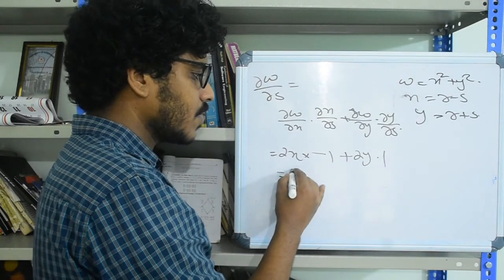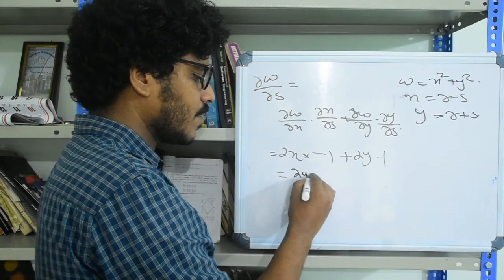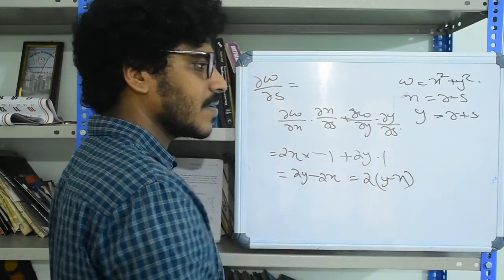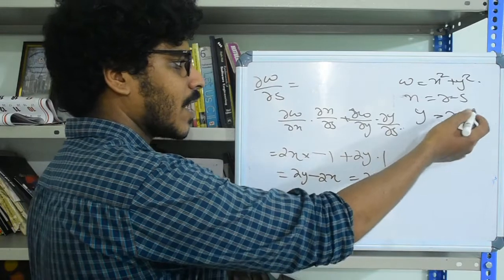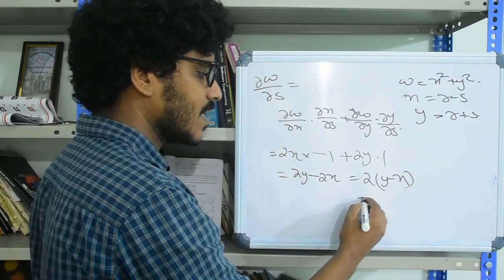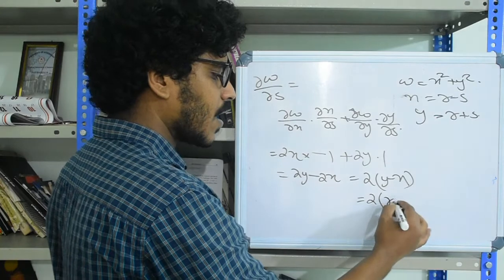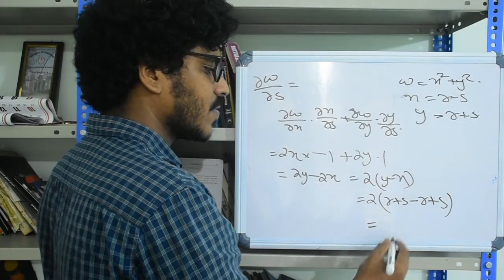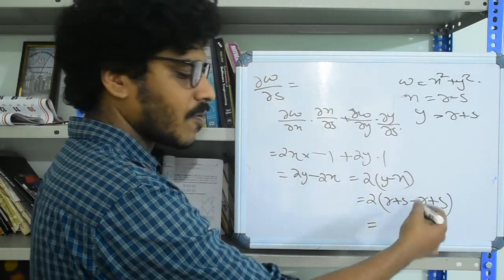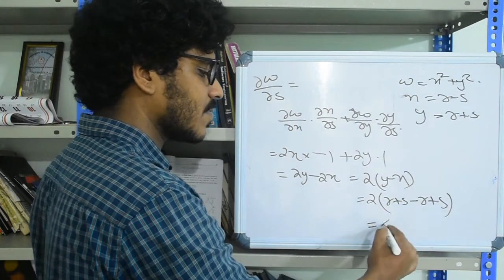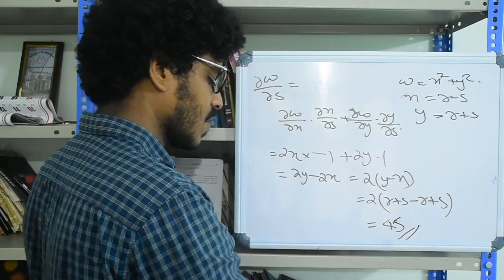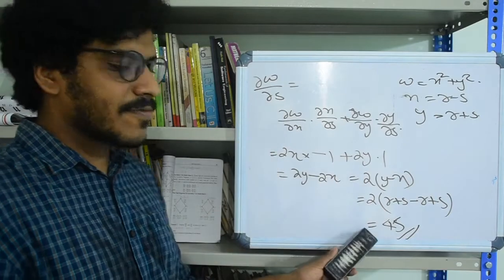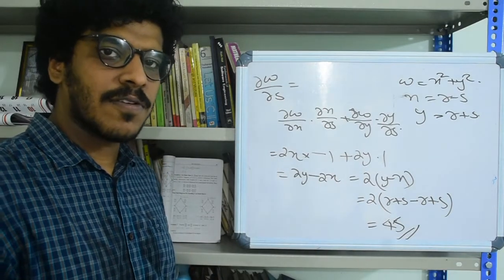So that's equal to 2y minus 2x or 2 into y minus x. Using the information that y equal to r plus s and x equal to r minus s, we'll get 2 into r plus s minus r plus s. Right. Which means r and minus r will be cancelled out. So 2 into 2s is 4s. Right. So dou w by dou s is 4s and dou w by dou r was 4r.